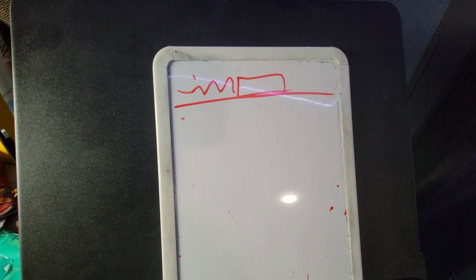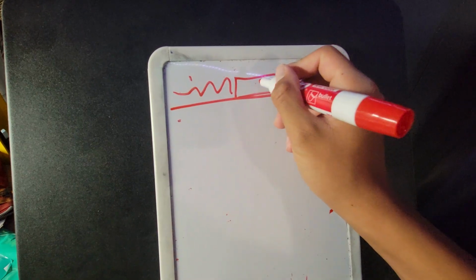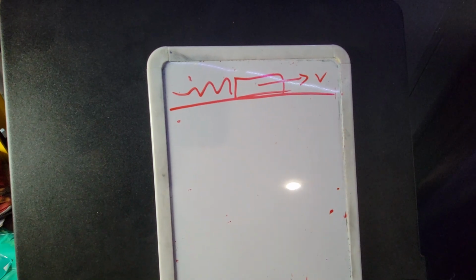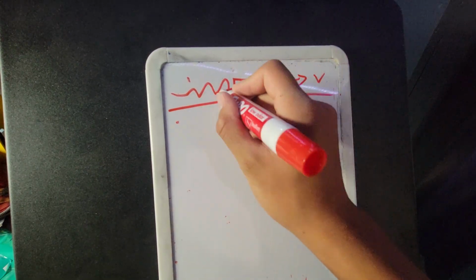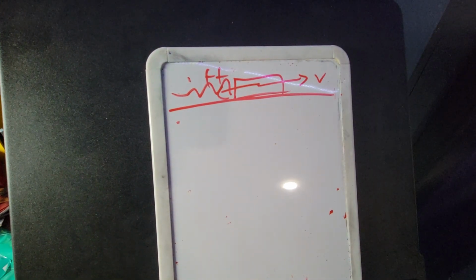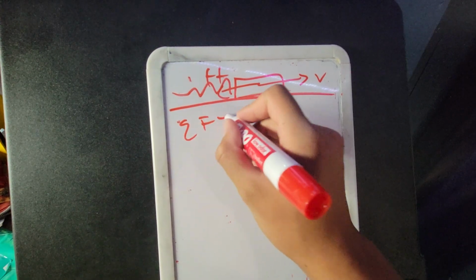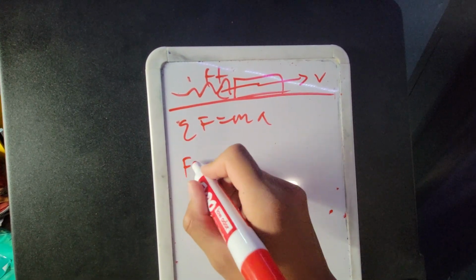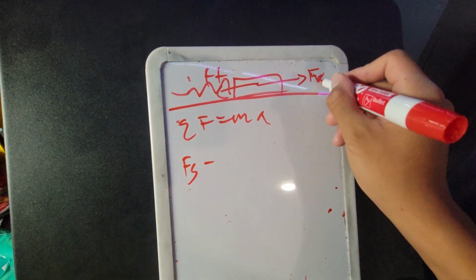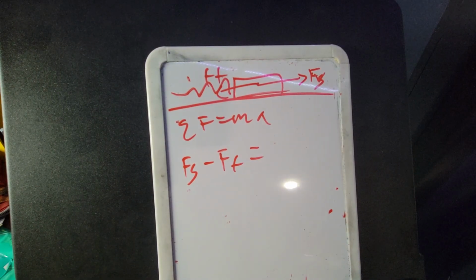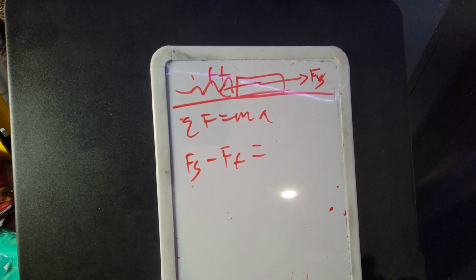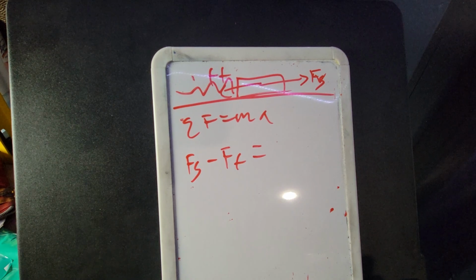So we have v this way, and friction that way. So this is just F equals ma. It's the force of the spring, since it's going that way, minus the force of friction. And it is asking for the initial acceleration of the block, so I have to isolate a.